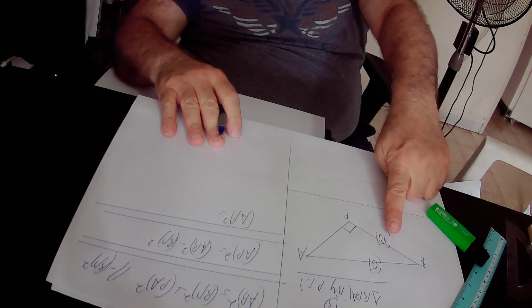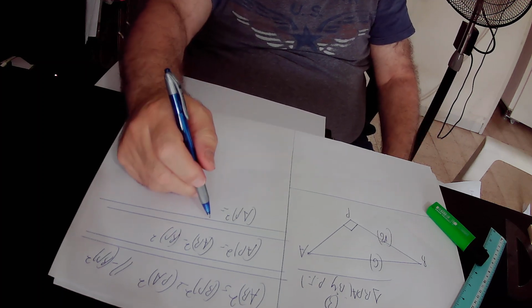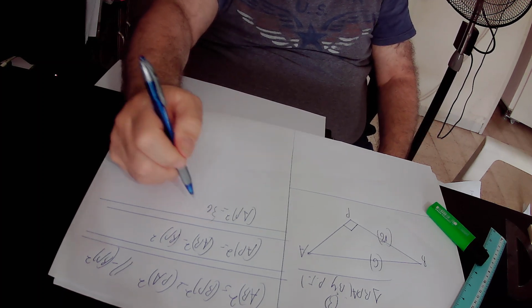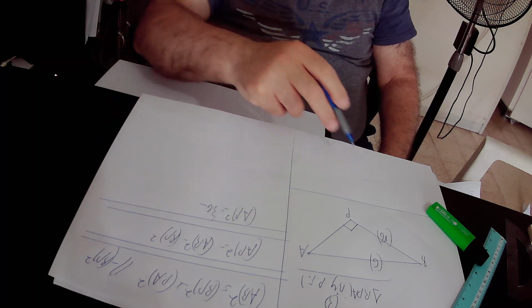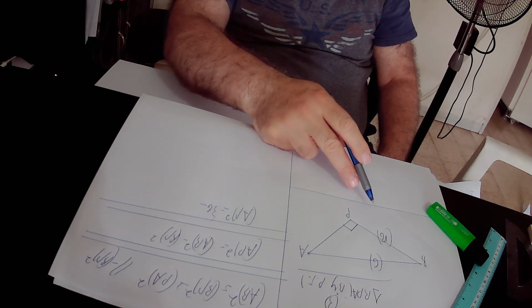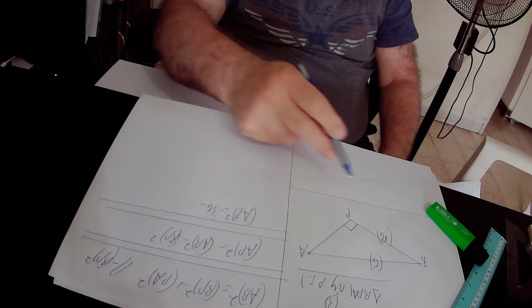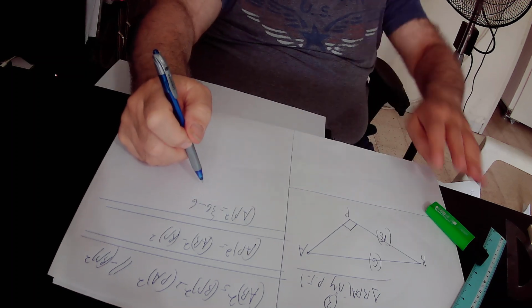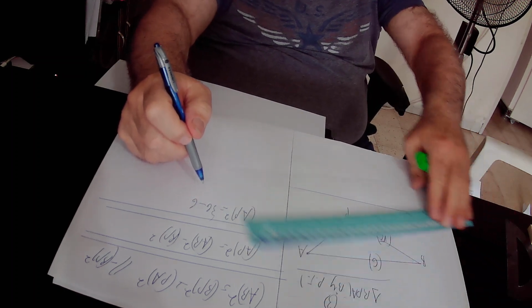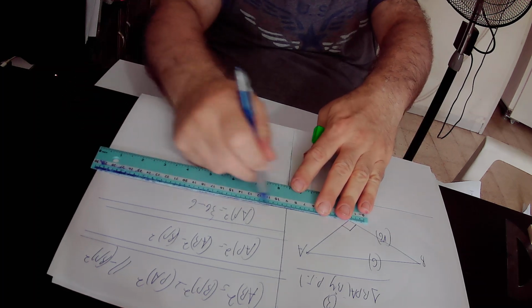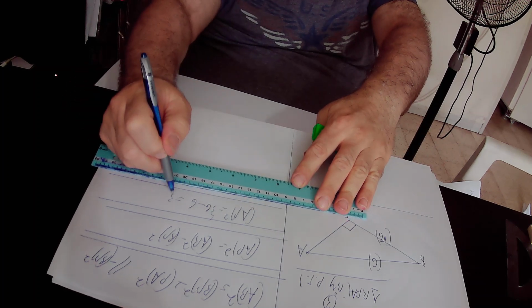AB is 6, therefore AB squared is 6 squared, that is 36, minus BP squared. BP is the square root of 6, therefore BP squared is 6. So in total, AP squared equals 36 minus 6, that is 30. AP squared equals 30.